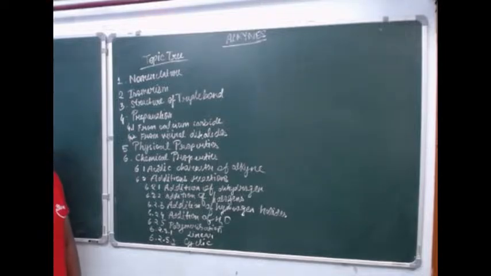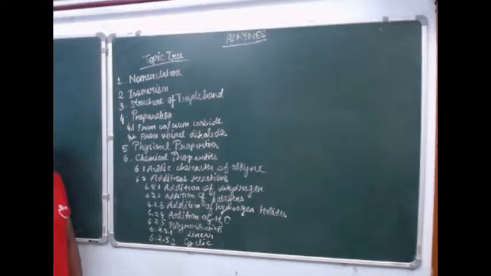But as far as alkynes are concerned, particularly in topic 6, under chemical properties, we have a major classification. What are those? Acidic character of alkyne, that we discussed, then addition. These 2 are very, very important.